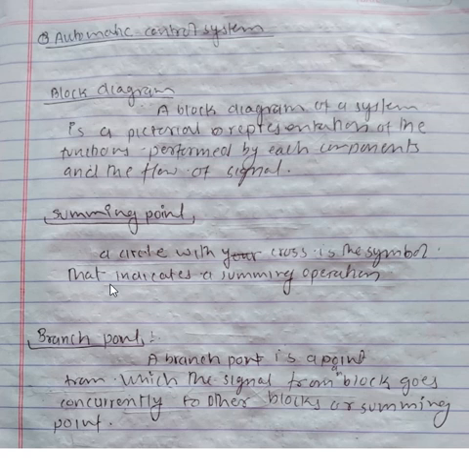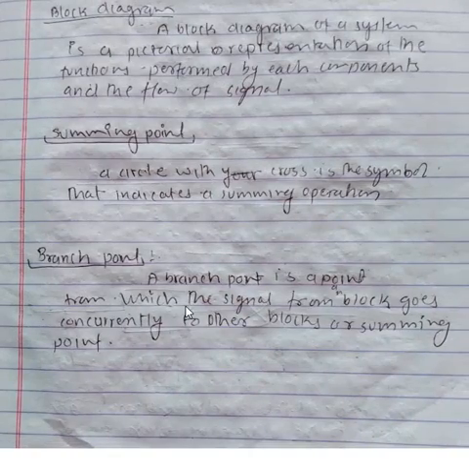What is a summing point? A circle with a cross is the symbol that indicates a summing operation. And a branch point is a point from which the signal from a block goes concurrently to other blocks or summing points.